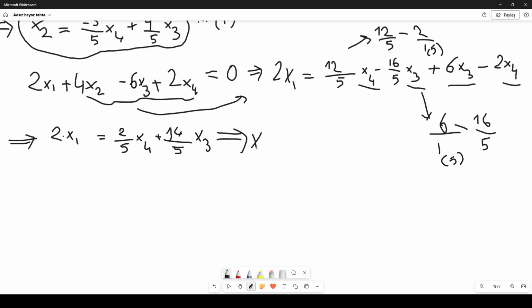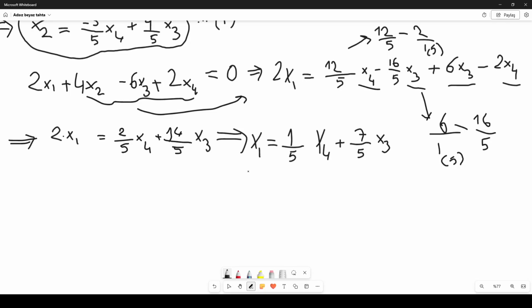So x1 is equal to 2 over 10, and when the 2s are cancelled out, we have 1 over 5 x4, plus 14 over 10, and again cancelling out by 2s, we get 7 over 5 x3.